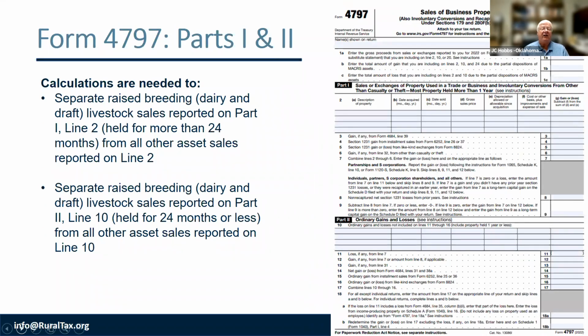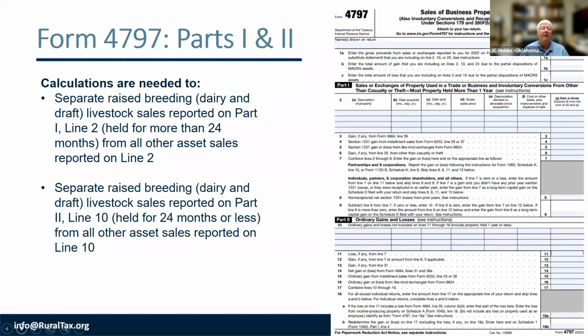Then we have Form 4797. Again, the sales of business property. We're looking at, according to PARP instructions, breeding animals that were raised. And this can also be dairy or draft livestock.